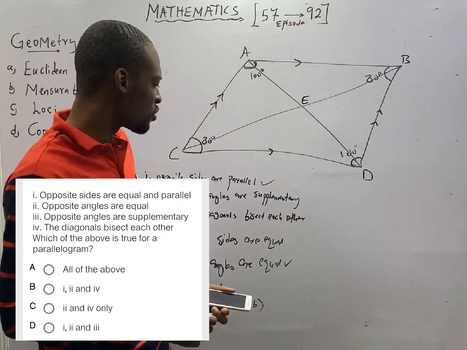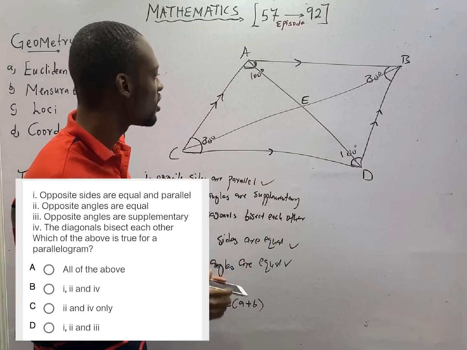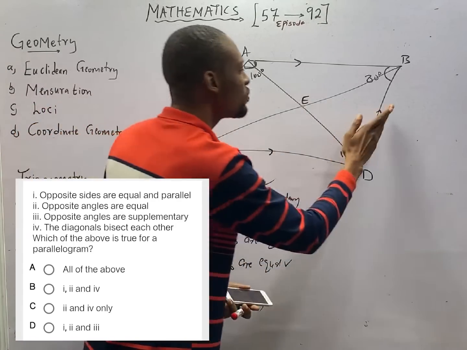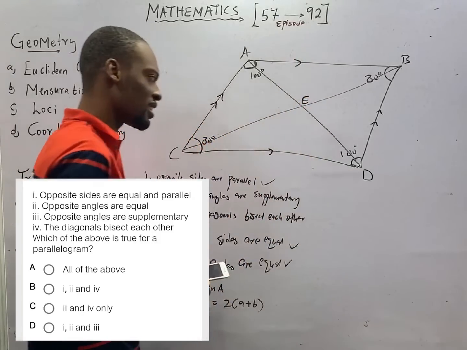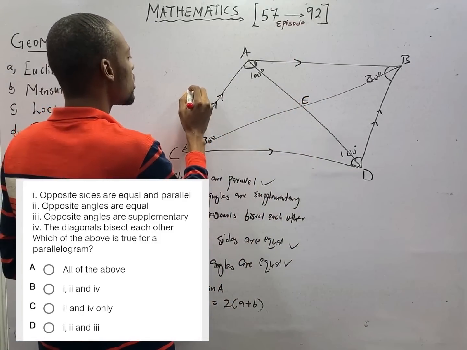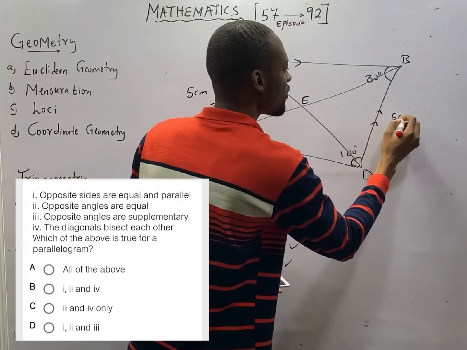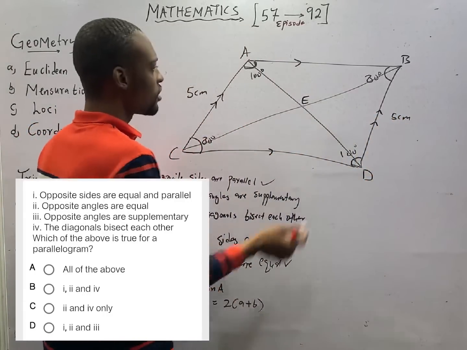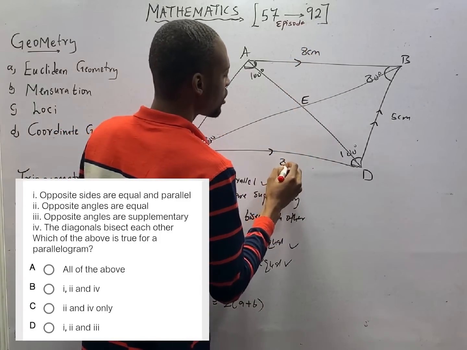Something else you should know is that the opposite sides are equal. This side here is the same as this side here, and this side here is the same as this side here. If here is 5 cm, here will also be 5 cm. If here is 8 cm, here will also be 8 cm.